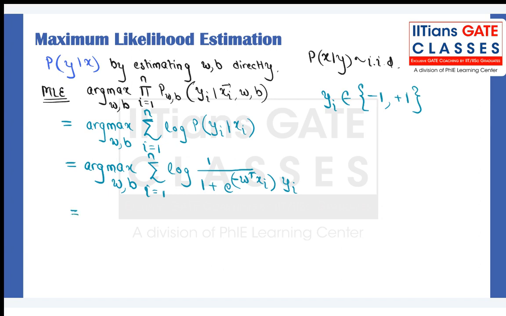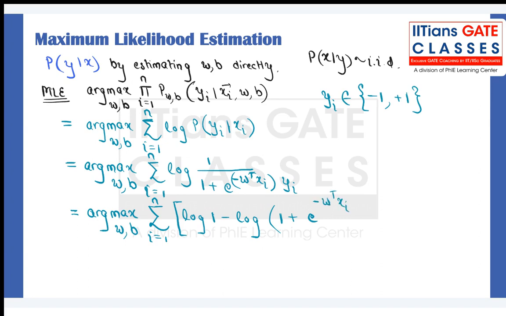This one I can write as argmax, summation of i equal to 1 to n. I can write this as log 1 minus log of 1 plus e to the power minus w transpose xi times y.